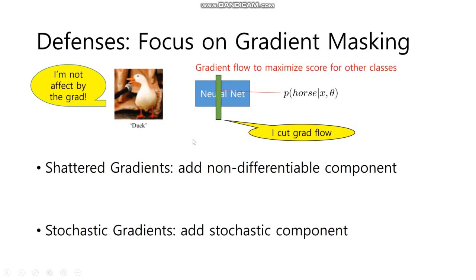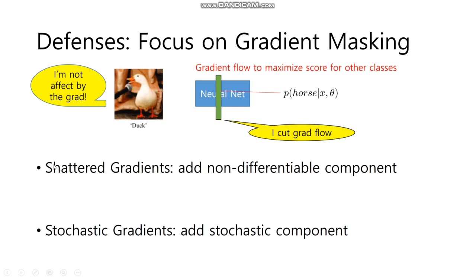But if we somehow can cut the gradient flow or mask it so that maximizing this objective is not achievable, then we can defend against the attack. So it says I'm not affected by the gradient in any way. And this mask cuts the gradient flow.